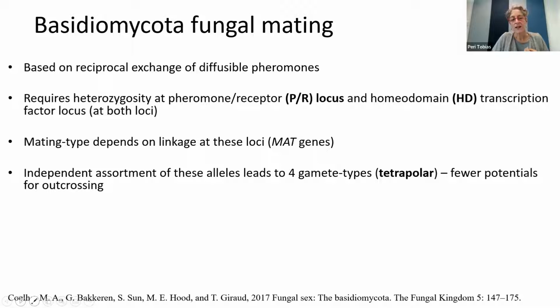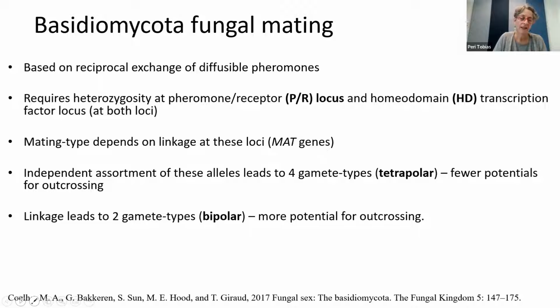If we have independent assortment of these alleles, it leads to 4 gamete types, which is called a tetrapolar mating strategy, and it means there are fewer potentials for outcrossing. But if you have linkage between these two loci, you end up with 2 gamete types, and that means you have a bipolar mating strategy, which allows more potential for outcrossing.